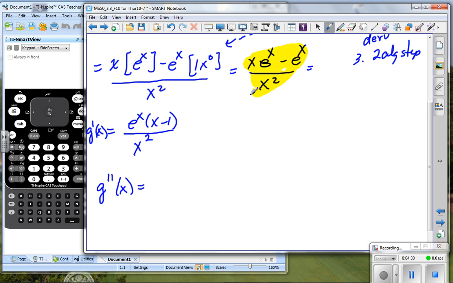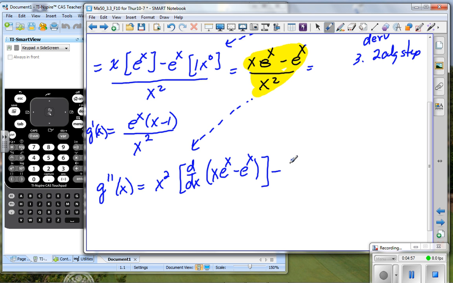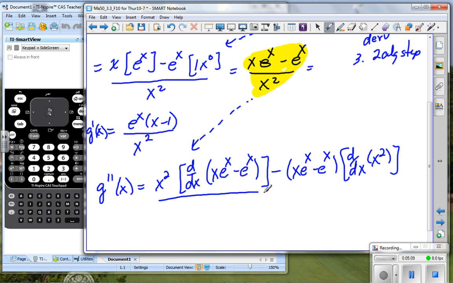So using that line, we have our denominator times the derivative with respect to x of our numerator, minus our numerator times the derivative with respect to x of our denominator, all of that divided by our denominator squared.